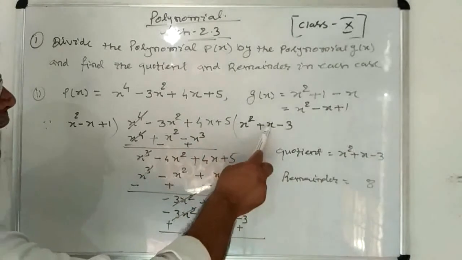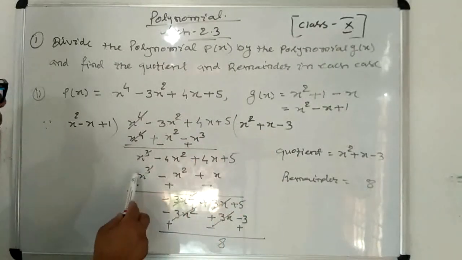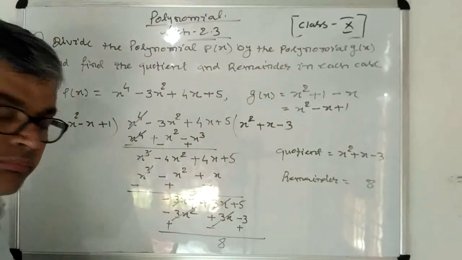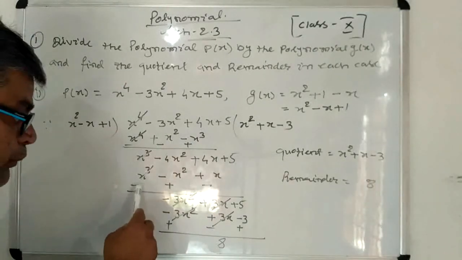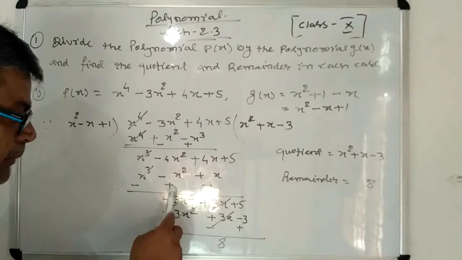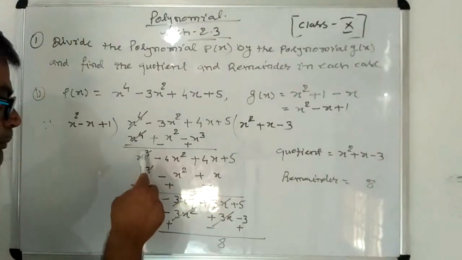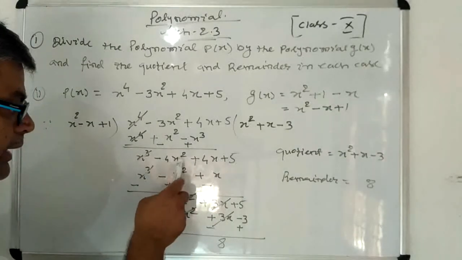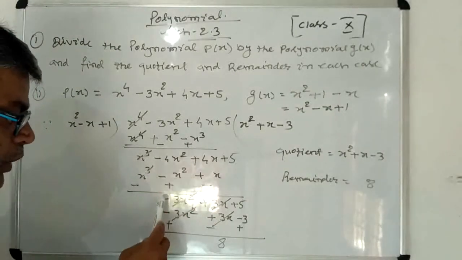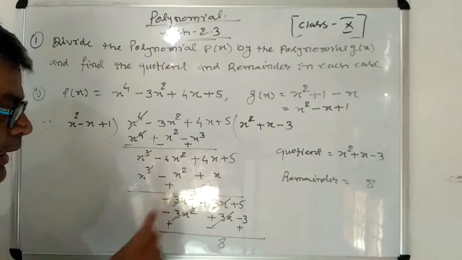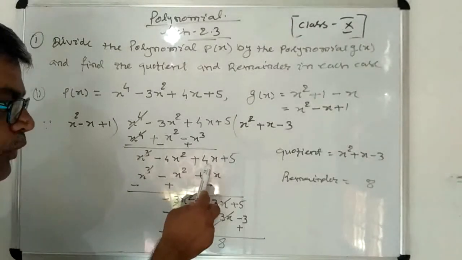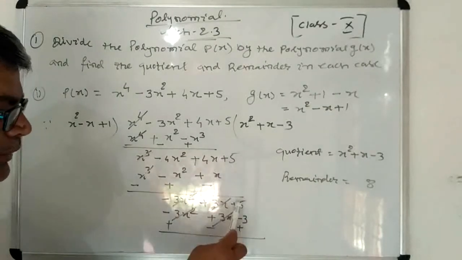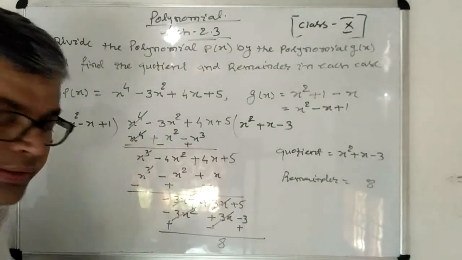So by multiplying by x, we get x cube minus x square plus x. So again you change the sign, minus plus minus, and this plus x cube minus x cube will get cancelled. So now we have minus 3x square, and this plus 4x minus x will become plus 3x, and this plus 5 will remain as it is.